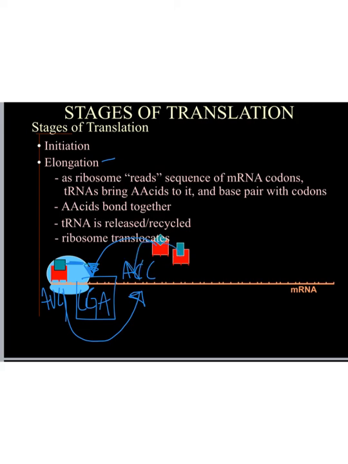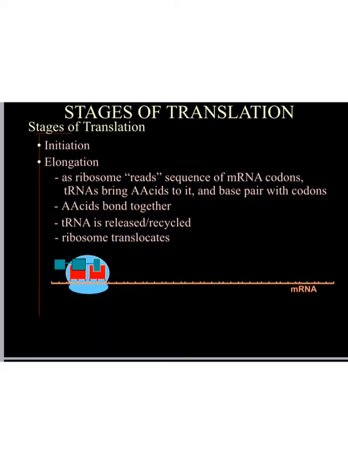So that amino acid is going to be brought into place, and we're going to form a bond with that amino acid. So we now have a tripeptide with three amino acids bound together. This keeps happening until we reach one of the three stop codons.